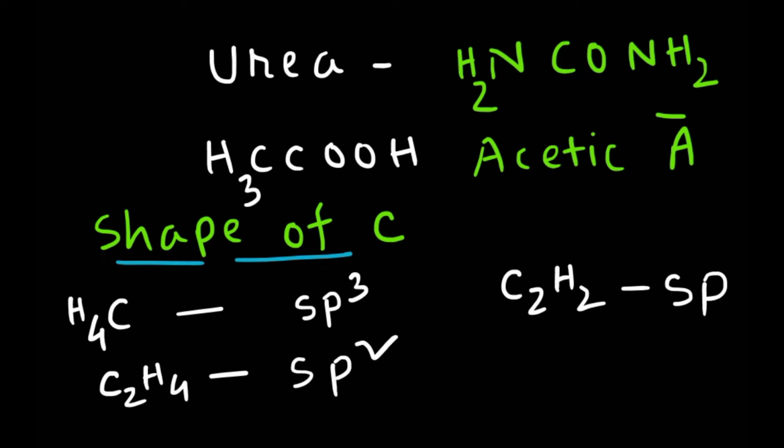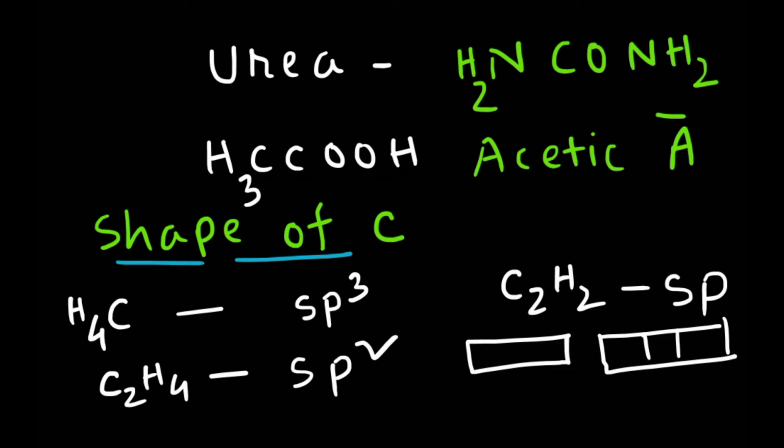We can understand this by looking at the electronic configuration. In the 2s there are 2 electrons, and in the p orbital there are 2 electrons. This is the ground state, but in the excited state an electron from the s orbital goes to the p orbital. As a result, we can now make hybridized orbitals.